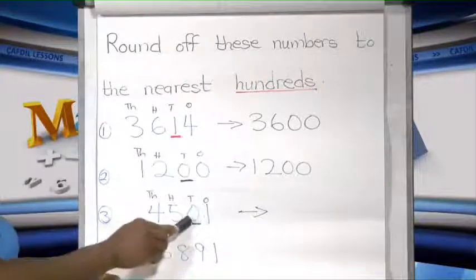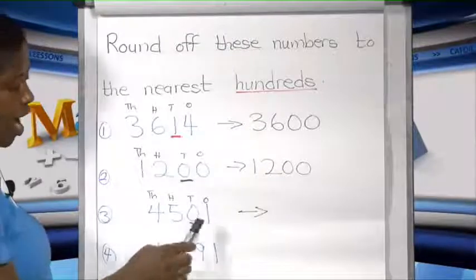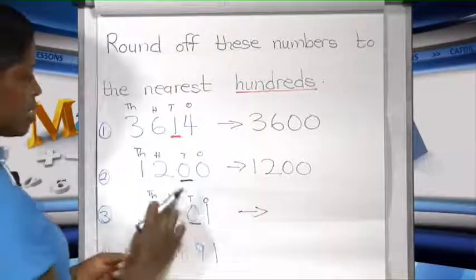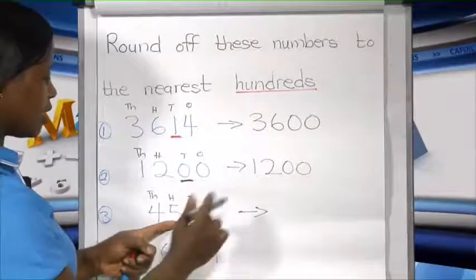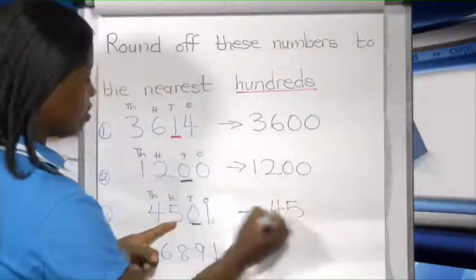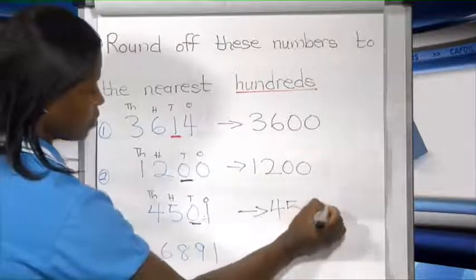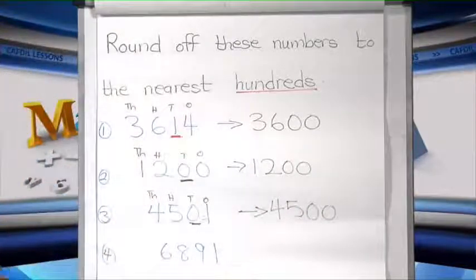It is 0. So we can't add anything. Since it is less than 5, we will maintain the digits at the hundreds place. So we will have 4, 5, and write the rest of the digits as zeros. So we will have 4,500.